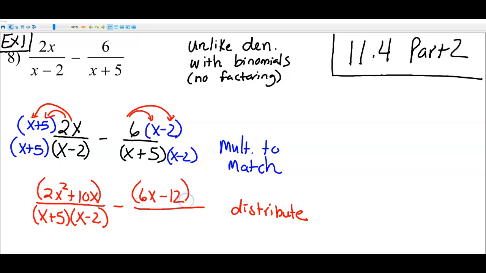Once again, these are binomials, so I'm going to put them in parentheses. I recommend doing that. I'll wait for you if you're still catching up.